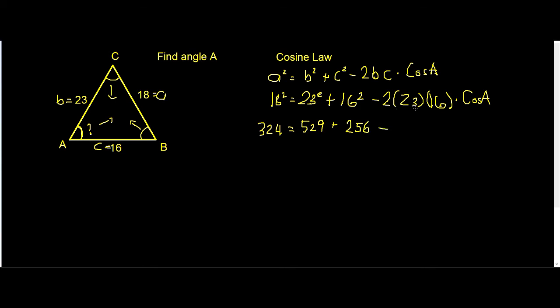Minus 2 times 23 times 16 is 736 cosine A.